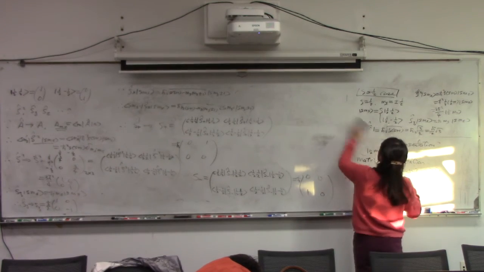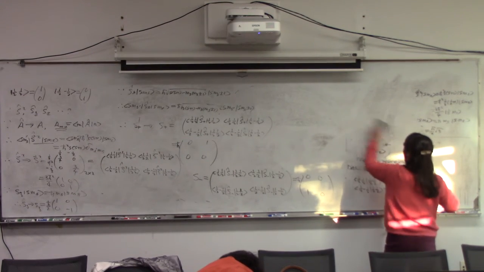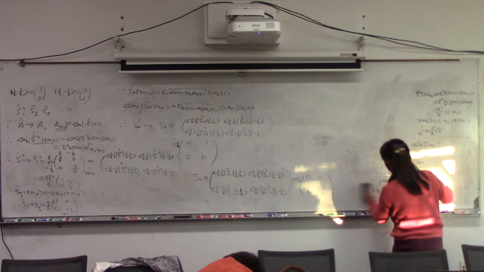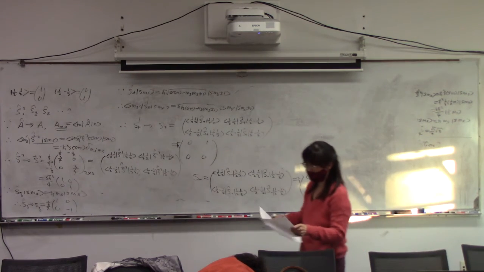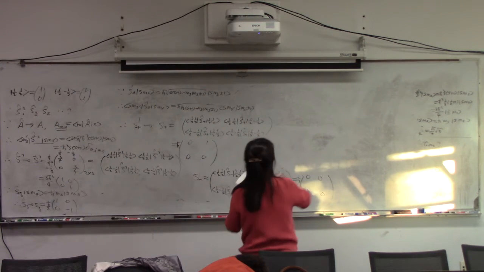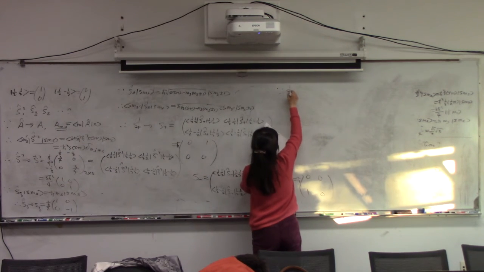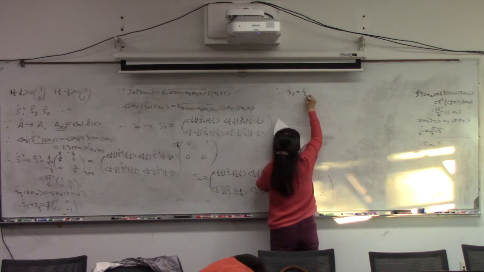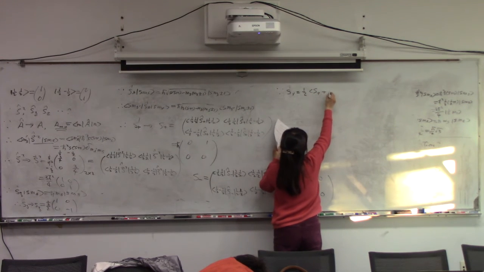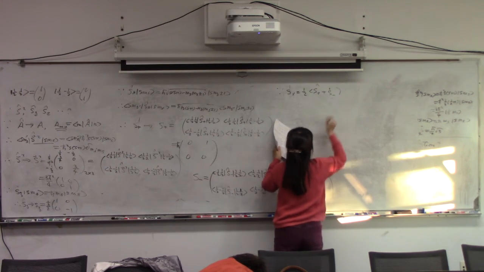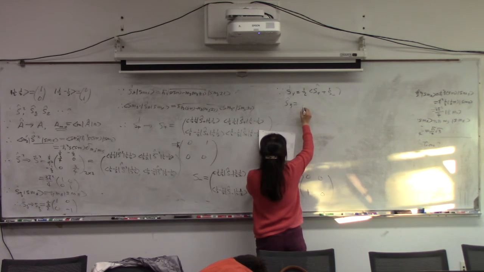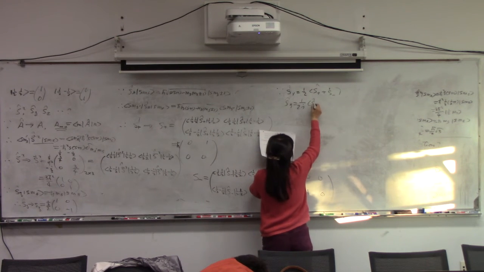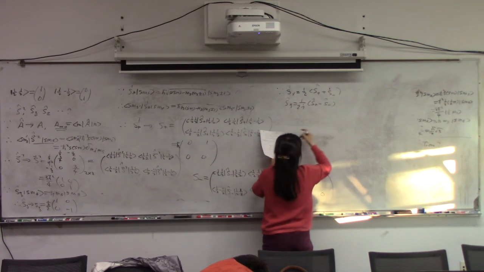Now once we have S plus and minus, you can build up Sx and Sy very easily, right? Because we know the relation between X and Y. Sx is half of S plus S minus. Sy is half i over S plus minus S minus.